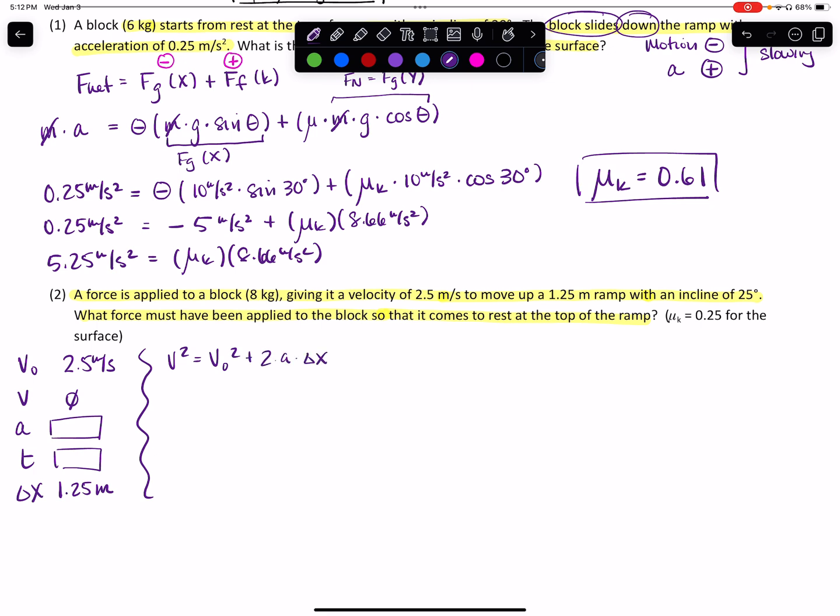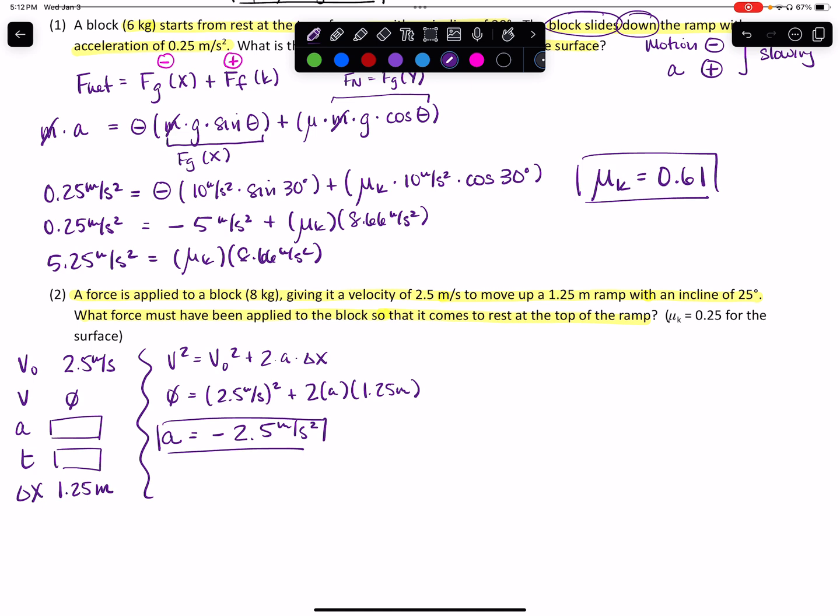So 0 equals 2.5 meters per second, squared, plus 2 times a times 1.25 meters. I plug everything in, and I find that I have an acceleration of negative 2.5 meters per second squared.